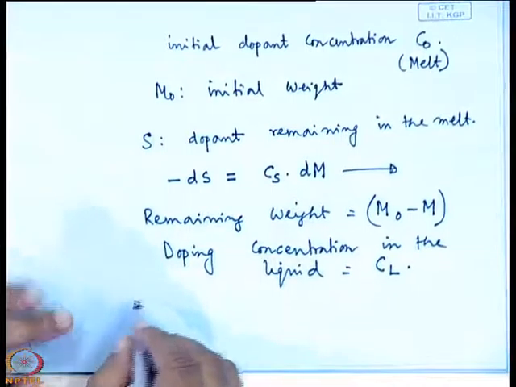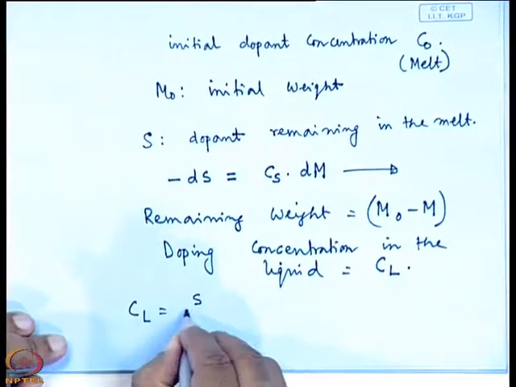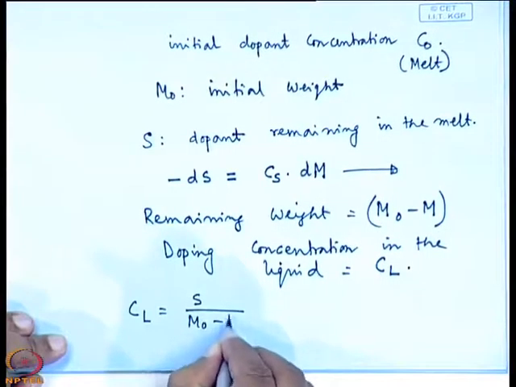So, we write that CL equals S by M 0 minus M.